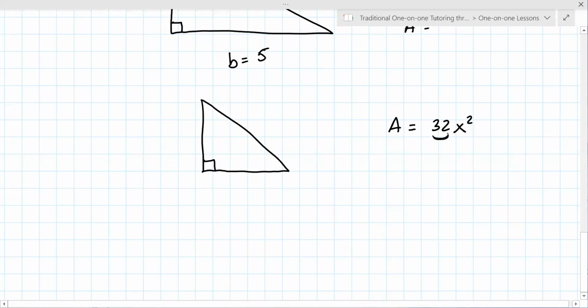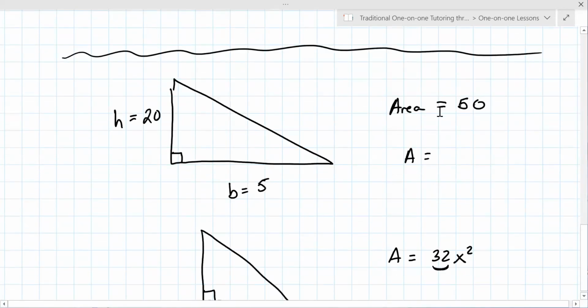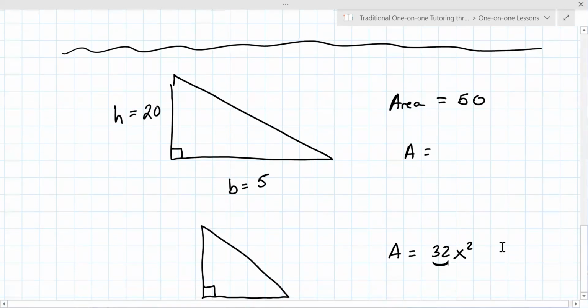It's just like the shape and base and height, and it's like, what's the area? Okay. So if I give you the base and the height, you just calculate the area. You just got to know the formula. Is that clear? Okay. Do you feel like you understand that? Yeah. Could you give me a couple of problems with it?